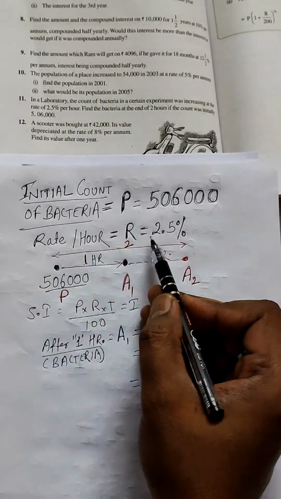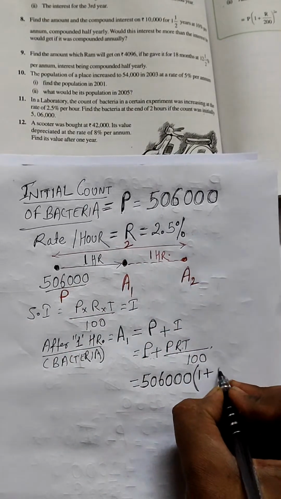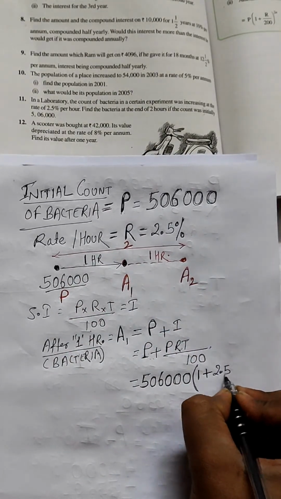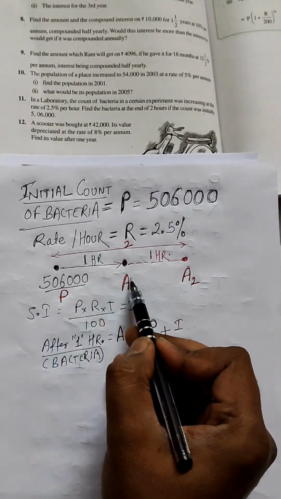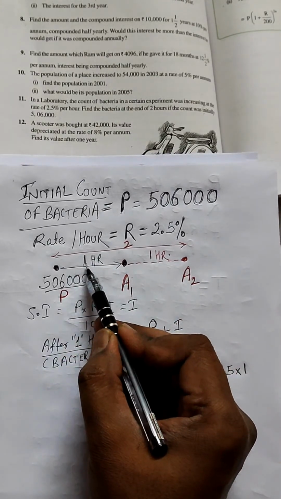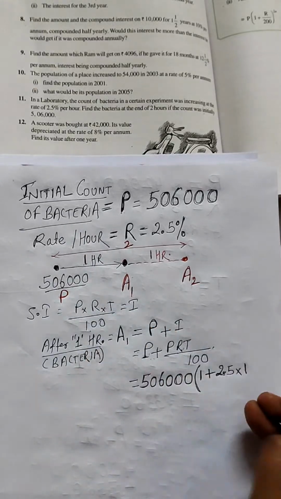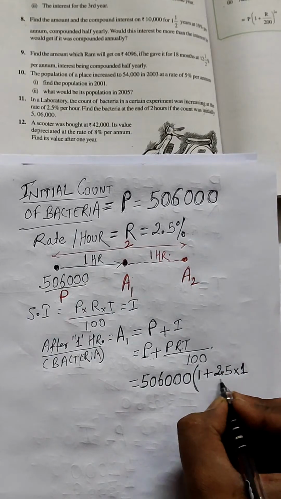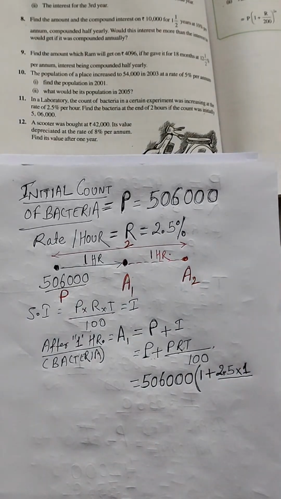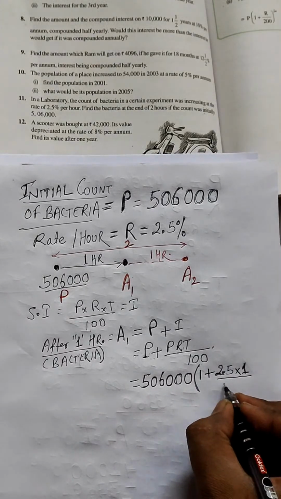R is 2.5%, so 2.5, and time is 1 hour. You can see A1 is calculated after 1 hour, so time will be 1 divided by 100.